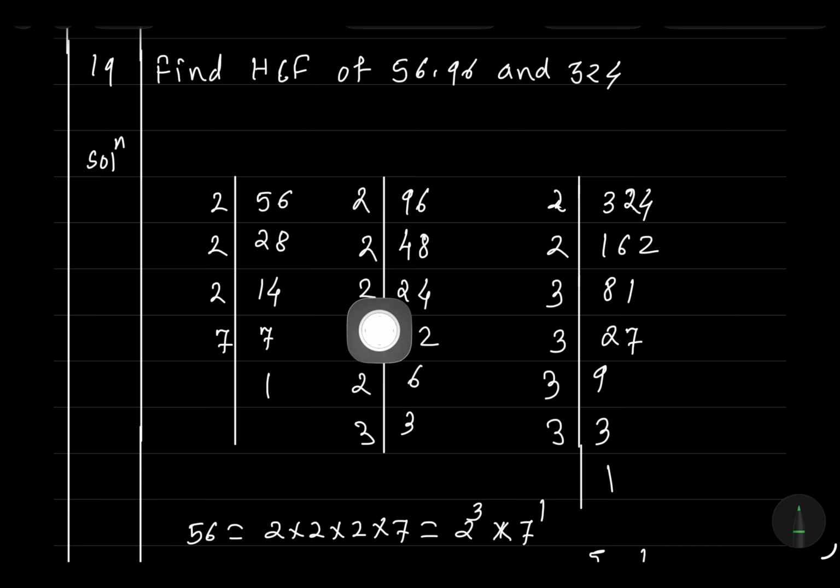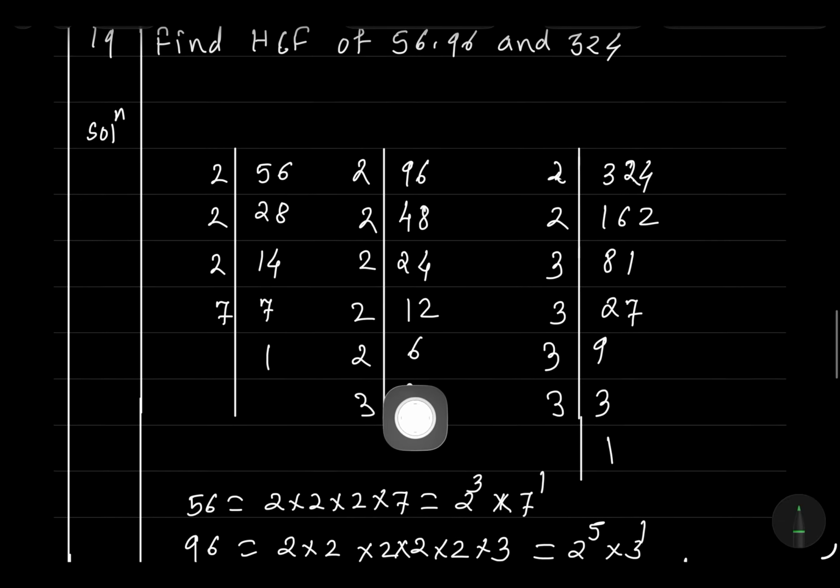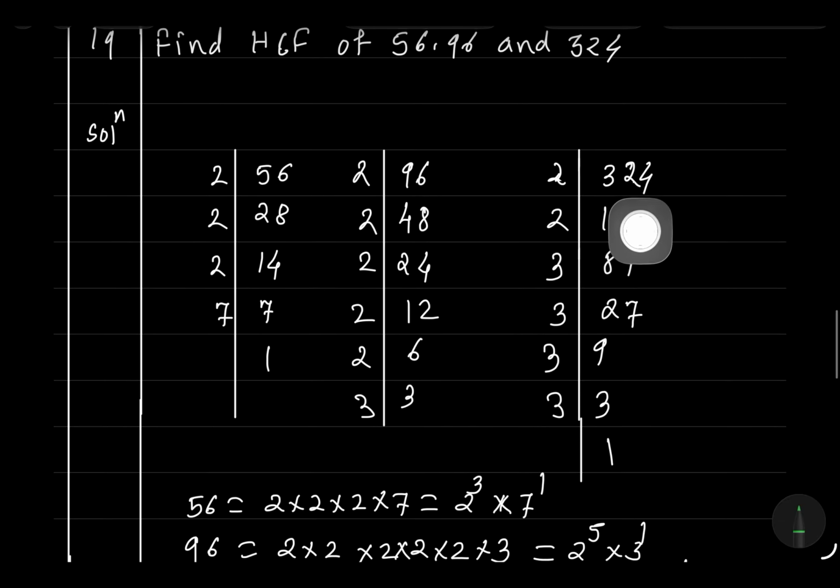Then 24 dividing by 2 you will get 12, dividing by 2, then 6, again 6 dividing by 2, 3. And see, 324 dividing by 2, 162, dividing by 2, then you will get 81. 81 is dividing by 3, so 27, again dividing by 3, 9, 3 3s are 9.